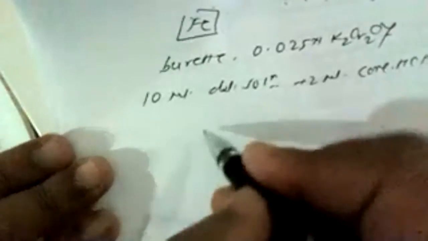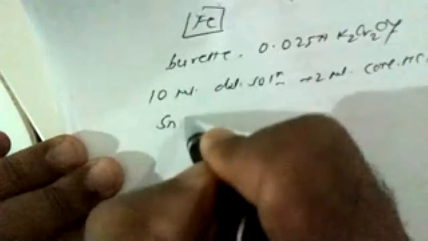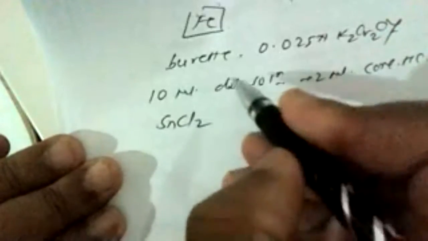At this stage, we have to add dropwise stannous chloride solution, that is a 5% solution of stannous chloride. Stannous chloride acts as a reducing agent which converts ferric ion into ferrous state. So the exact reverse phenomenon takes place.